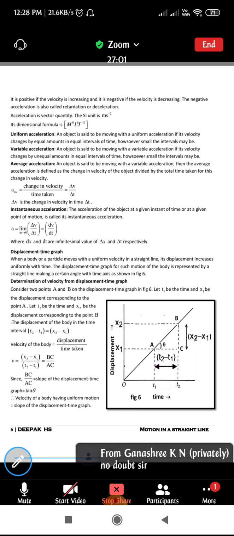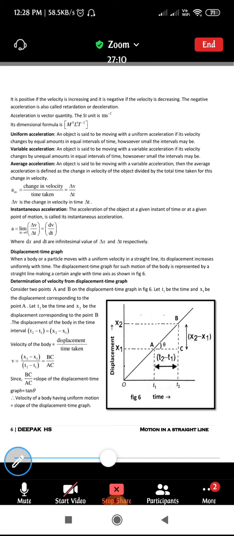Okay, so next it is regarding the displacement time graph. Let us see the importance of this graph. When a body or a particle moves with a uniform velocity in a straight line, its displacement increases uniformly with time.